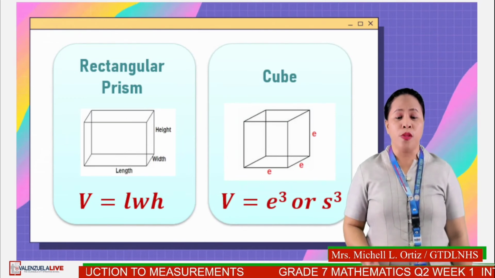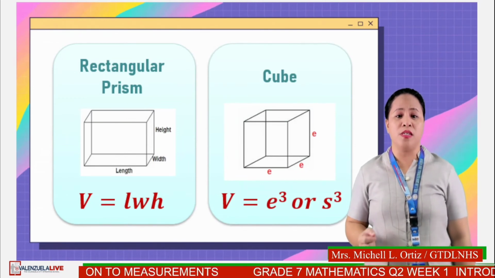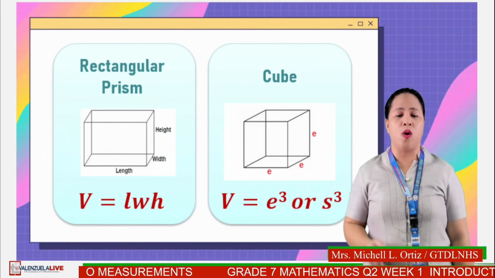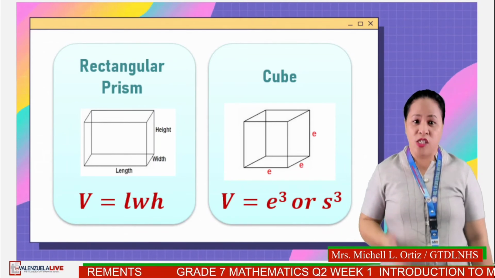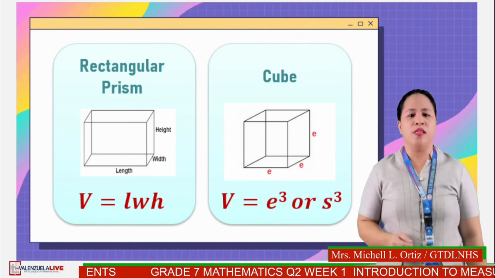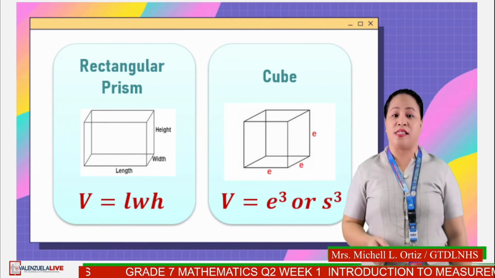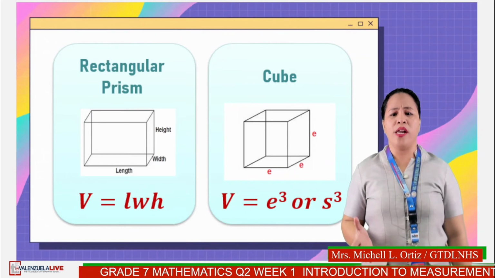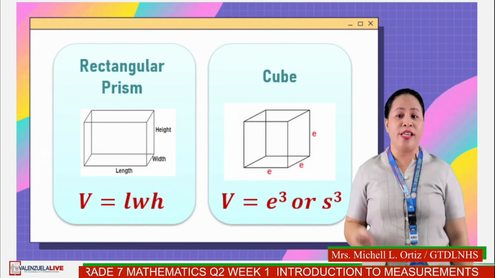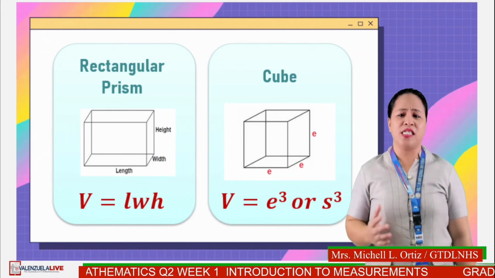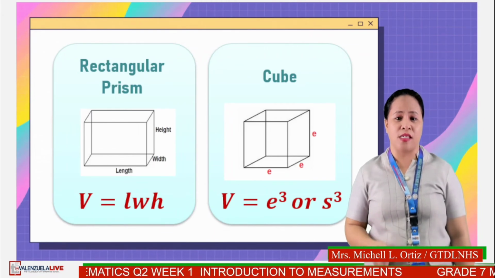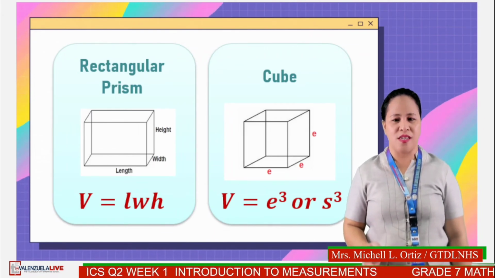For cube, we use the formula volume is equal to e cubed, or s cubed, or edge cubed or side cubed. Since its base is a square, we replace the area of the base with e squared. And because the height has the same measure as its base, its volume becomes e cubed.